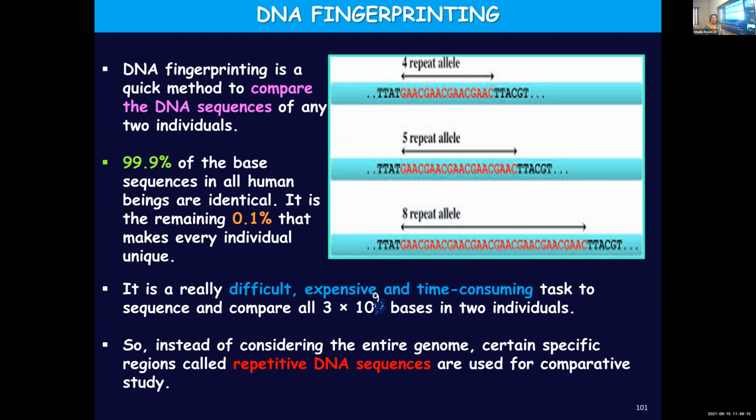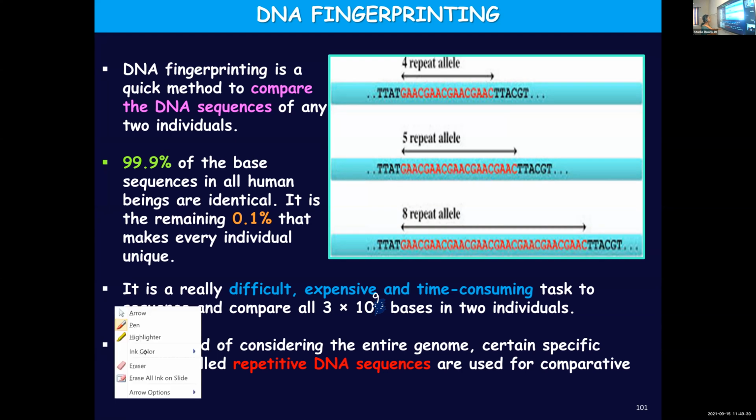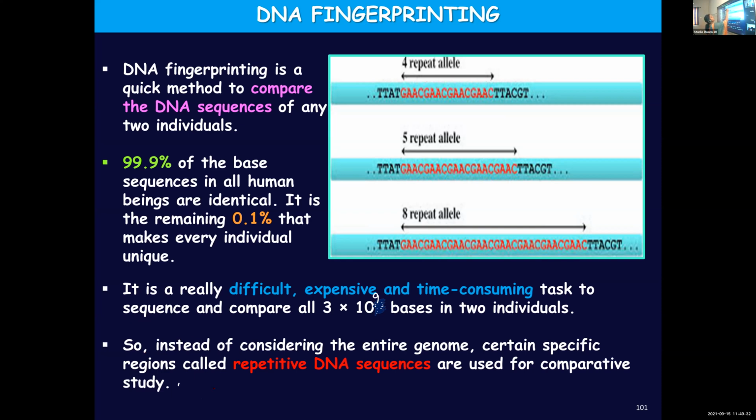So there are certain repetitive sequences, and the number of times they are repeated can differ between persons. Here you can see examples. GAAC, GAAC, GAAC, GAAC, repeated 4 times.